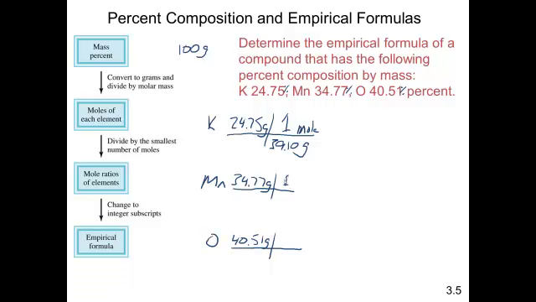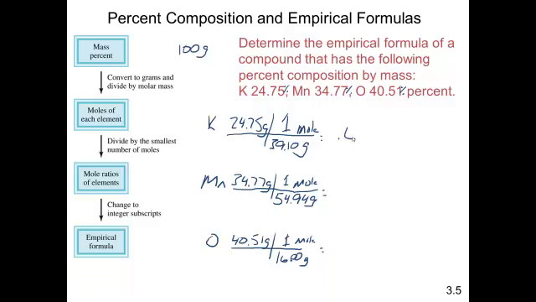And for manganese, we have 1 mole, and 1 mole of manganese weighs 54.94 grams. And lastly, oxygen. We have 1 mole, and a mole of oxygen always weighs 16 grams. So we have basically 3 equations, which we just need to divide out.